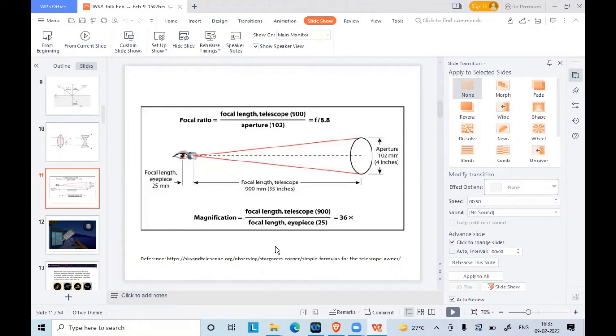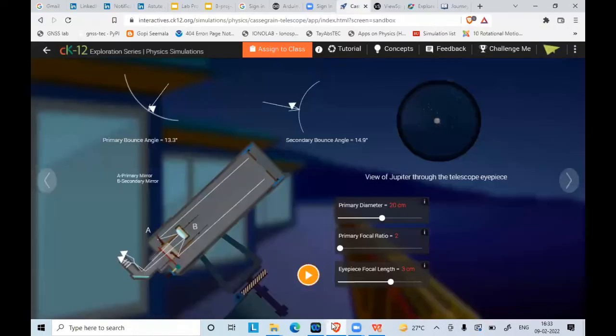So keeping the focal length of the telescope fixed, I am varying the focal length of the eyepiece, and I have increased it. If I'm increasing my denominator and keeping the numerator constant, I'm decreasing the magnification factor. That is exactly what you see in this simulation.